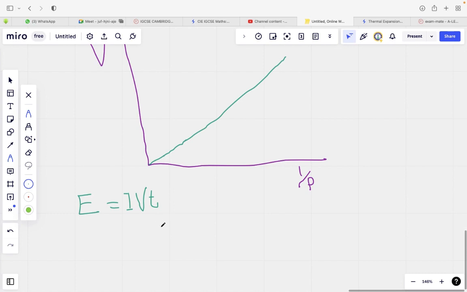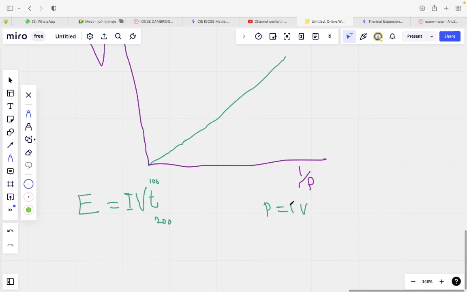So since liquid 2 has 200 seconds, it is bigger than liquid 1, which is 100 seconds. So liquid 1 does not have more energy if they have the same current and voltage, because remember they say the heater is giving them the same power. You know, power is IV. So they both have equal power.